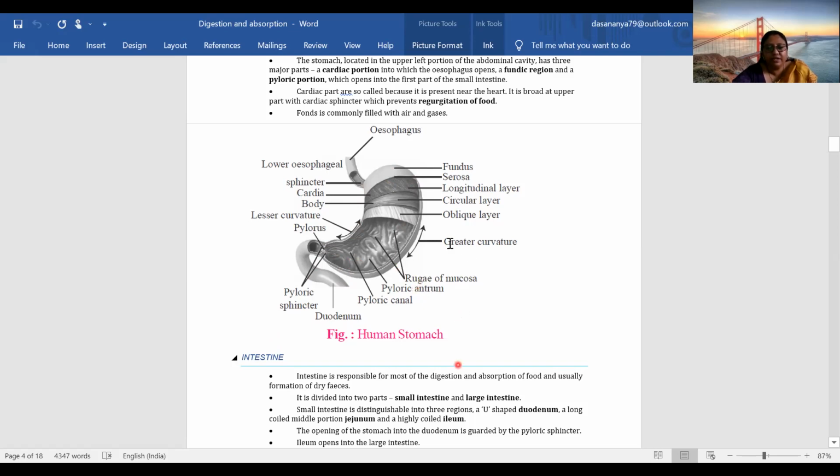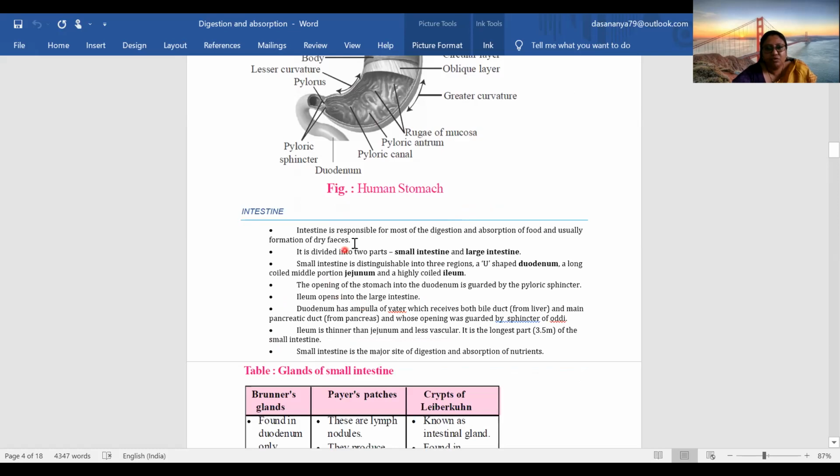Let's look into the intestine. So the intestine can be divided into small intestine and large intestine. The small intestine is called small because, though it's long in size, its diameter is smaller than the large intestine.